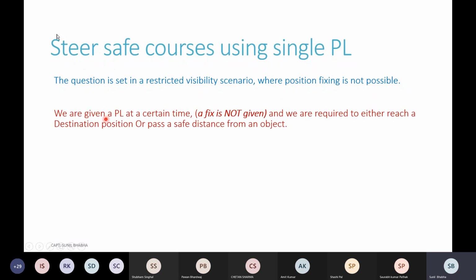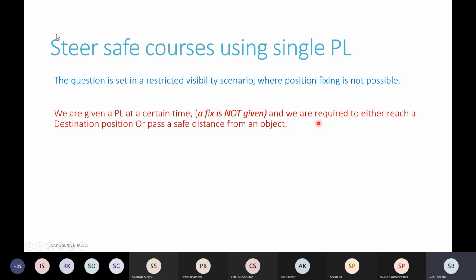We are given a single position line at a certain time. A fix is not available to us. Why the fix is not available? Because of the restricted visibility. The observer has just managed to obtain a single PL, and after that he is not able to fix the ship's position.